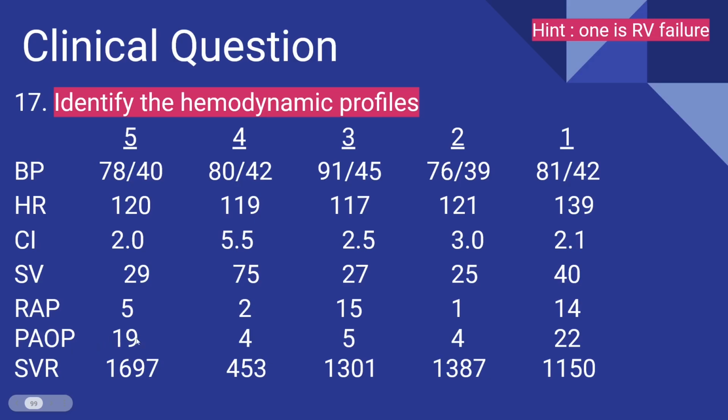Right, this should be 8 to 12 with a high systemic vascular resistance. Okay, so guess what that might be. We'll move on to the next one. So you've got a high vascular resistance, a high pulmonary artery pressure with a low stroke volume and index.